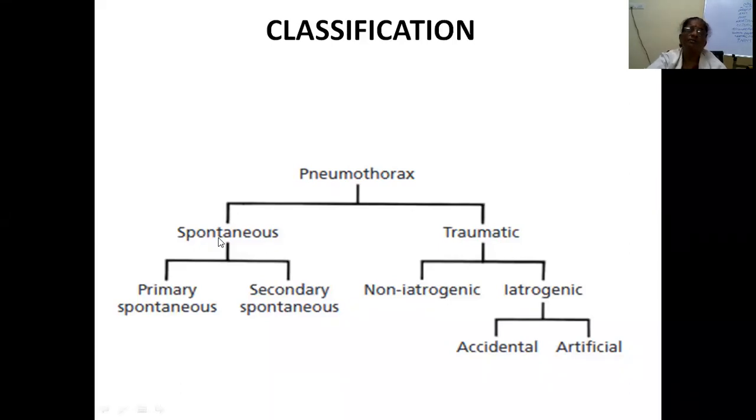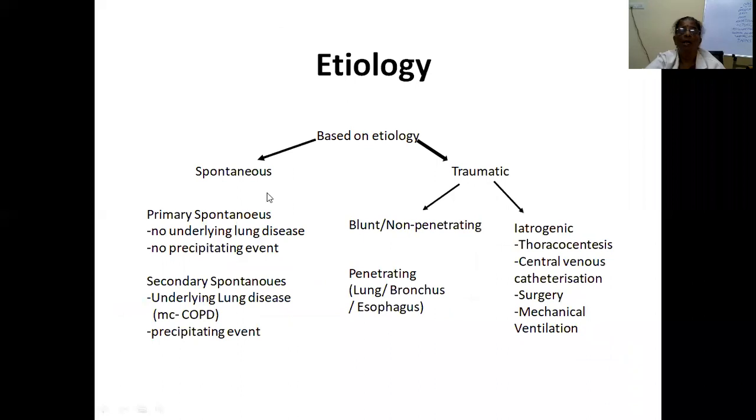Spontaneous pneumothorax can be primary spontaneous pneumothorax or secondary spontaneous. Primary means without any cause, secondary means with some cause. And traumatic pneumothorax can be because of iatrogenic trauma or non-iatrogenic trauma. Primary spontaneous pneumothorax has no underlying lung disease and no precipitating lesion.